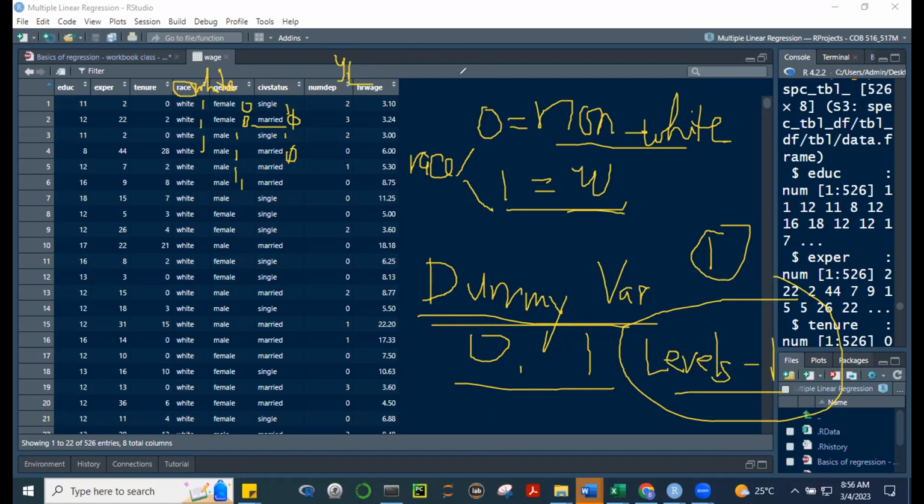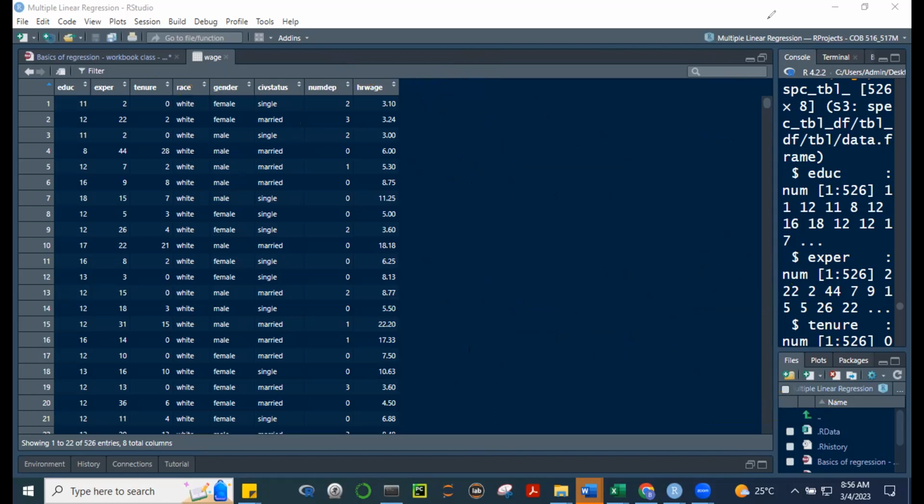And you have, let's say, 4: you have frosh, sophomore, junior, and senior. The question is, how many dummy variables will be generated here? Anyone, please? How many? Yes, correct, 3.